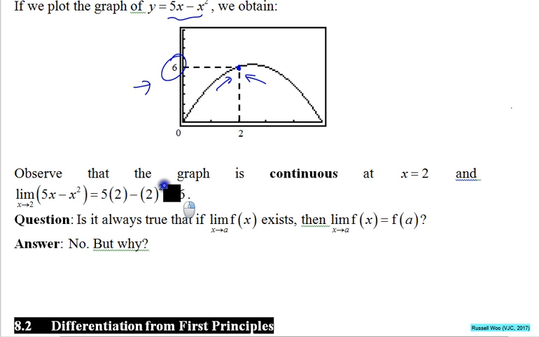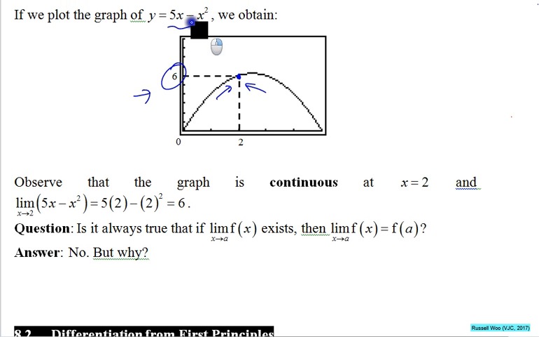How do you find the limit for this one? How do you find the value 6? You actually substitute 2, right? You substitute 2, which is 5 times 2, which is 10, minus 4. You get 6. Done.